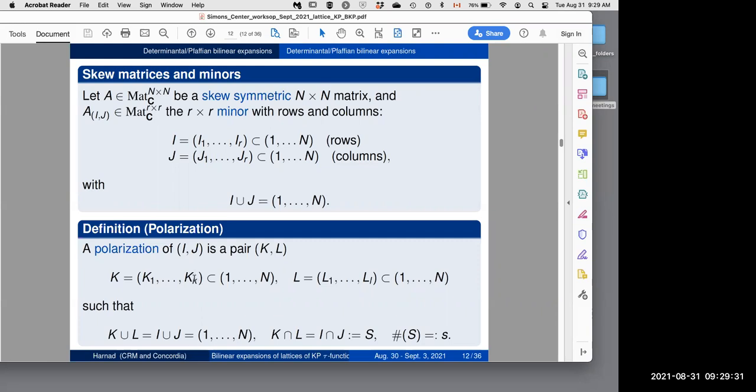These are other lengths, we'll call the length k and the length l, but they are the same elements. That is, the union of K and L is the same as the union of I and J, and the intersection is the same. That's what we call a polarization. And the number of common elements we call S. So this is just notation to make it easy to write down the formula.